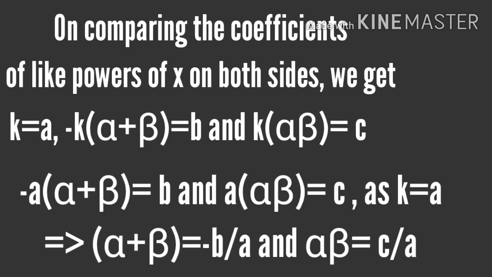As k equal to a, we can write minus a(alpha plus beta) equal to b and a alpha beta equal to c. And finally we get alpha plus beta equal to minus b by a and alpha into beta equal to c by a.